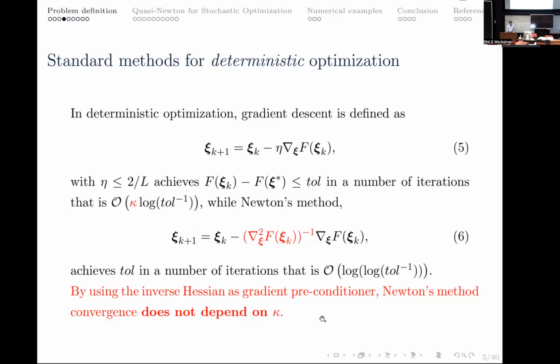So as I said before, large kappa here can be a big problem. So we want to get in this direction of something closer to second order methods.